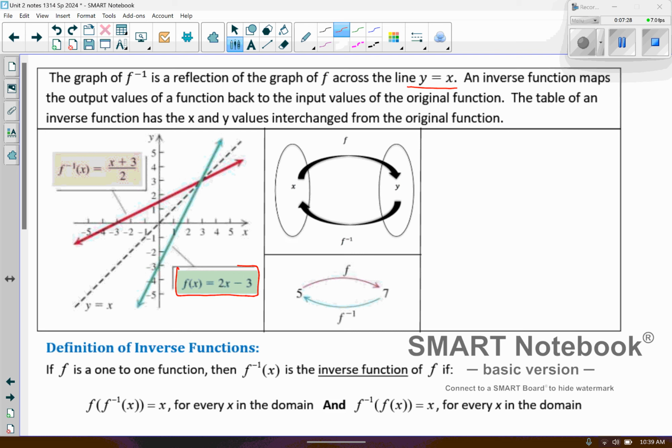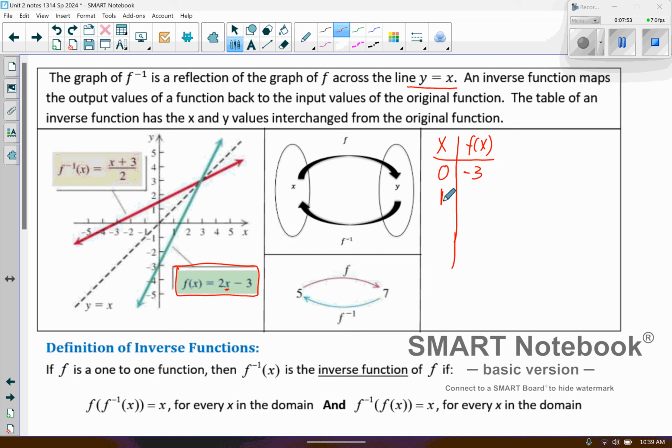So here's the original function of this example I have. We're going to have our x values, and then for my y values, I'm just going to call them f of x so I can distinguish between the original function and the inverse function. So let's plug in some simple values. If I let x equal 0, 0 times 2 is 0, take away 3, so that'd be -3.